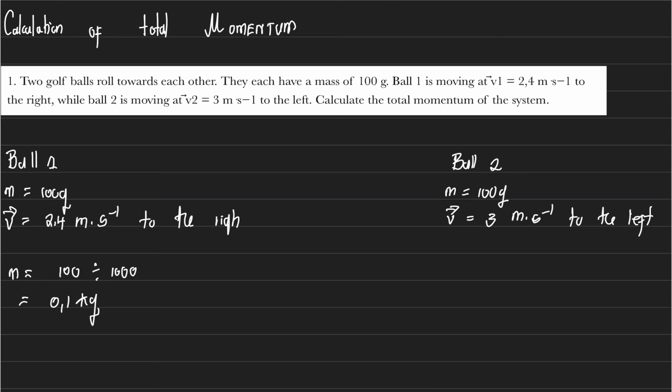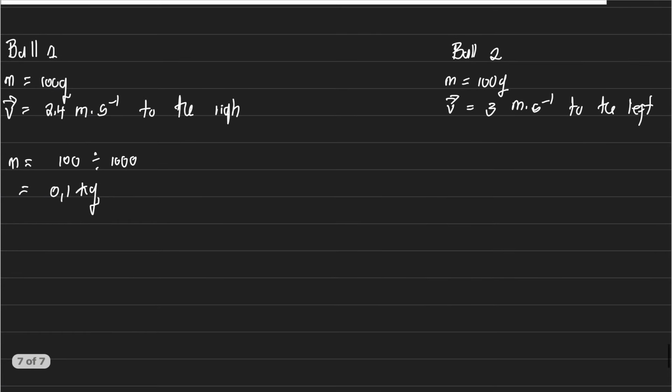And then before you proceed with the calculations, you need to decide which direction is positive and which one is negative. So I'm going to choose right as being the positive direction. If I get an answer that is negative, that will indicate that the balls, after they collide with each other, moved to the left.